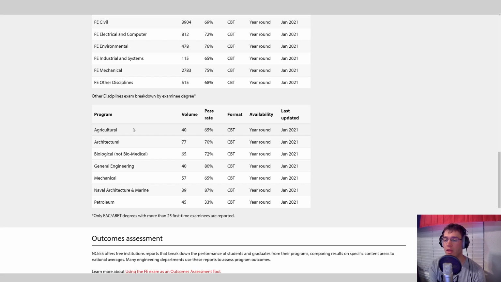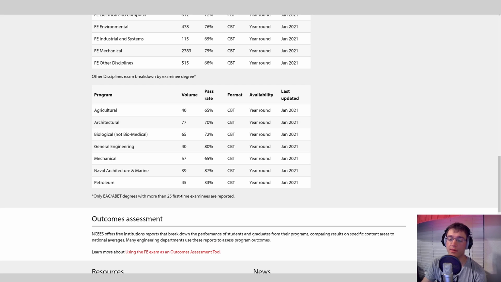Okay. Now I'm starting to understand this chart a little better. So the overall other disciplines pass rate, 68%.